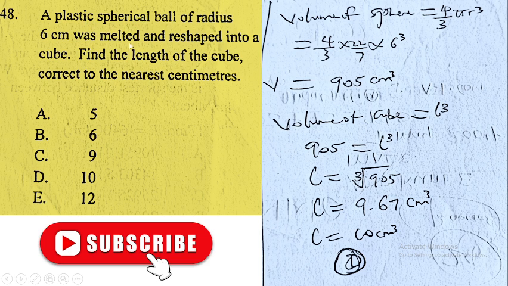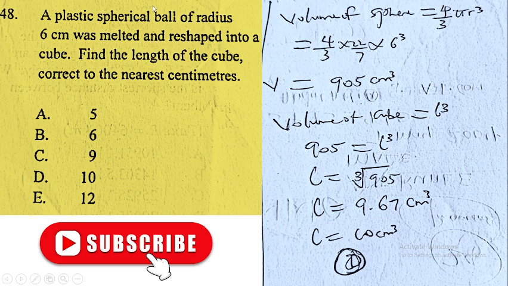When they melt a spherical ball and reshape it to form a cube, they will have something in common. They could have the same total surface area, and they could have the same volume.